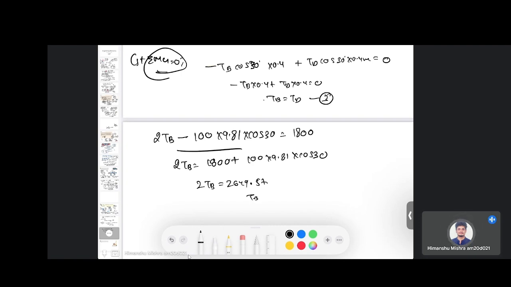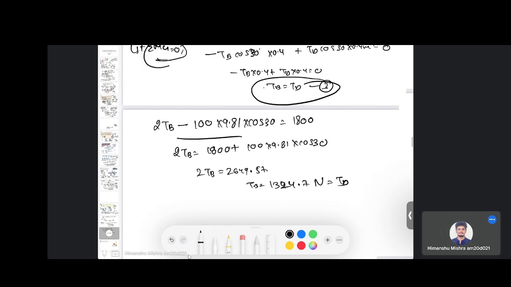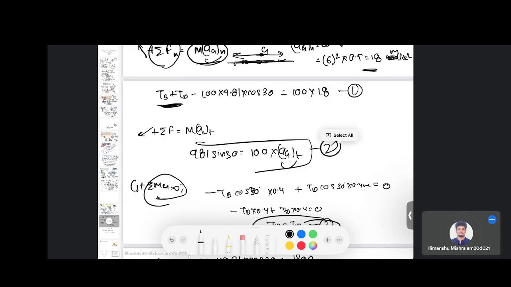So TB will be 1324.7 Newton, and this is equal to TD also, because from equation 3 TB equals TD. From equation 2 you can calculate the acceleration as well. So AG will be 981 sine theta divided by 100, so it is 9.81 sine 30, which is 9.81 divided by 2. This is my AG, which is roughly 4.9 meter per second square.